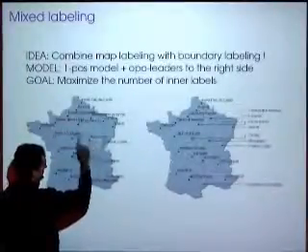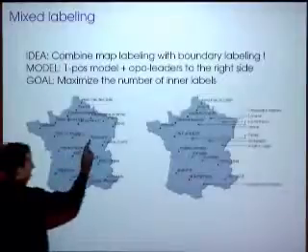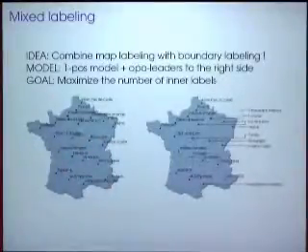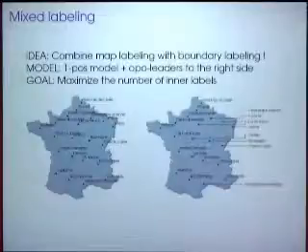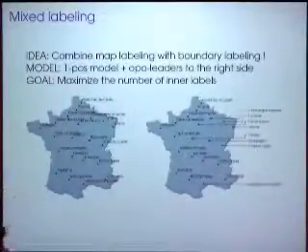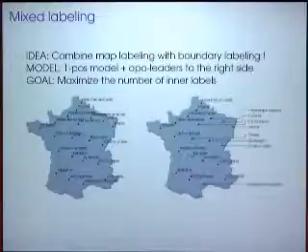Then this leader crosses something else, and then this, and then this. Domino effect is the right word for it. But let's consider these 2 labels, Pays de la Loire and Centre. Which one would you take to be a leader? Which is closest to the right?